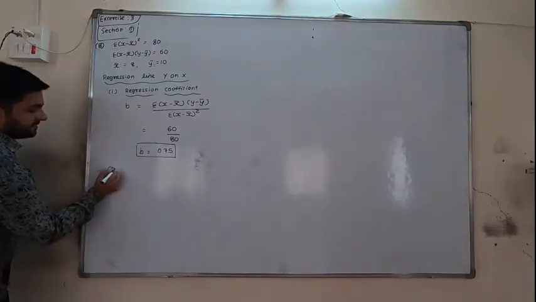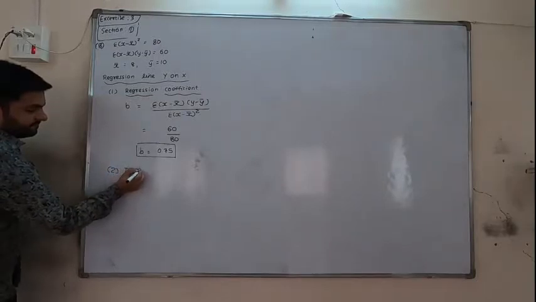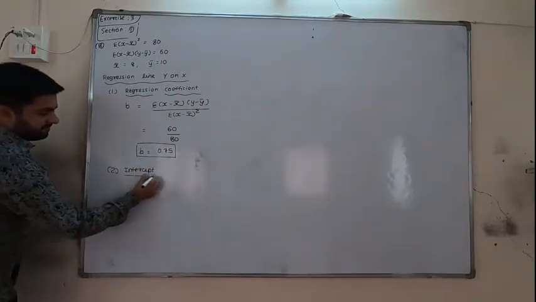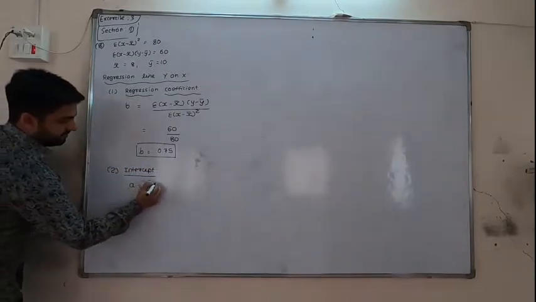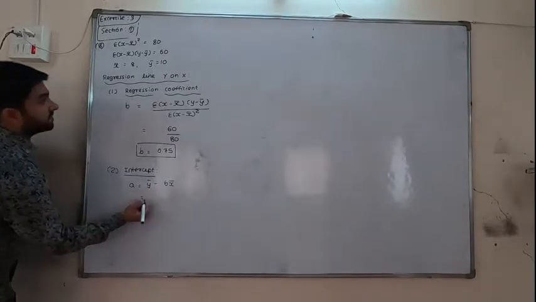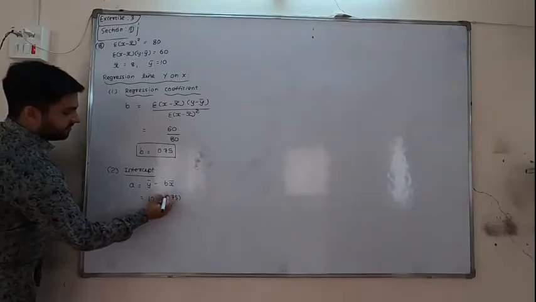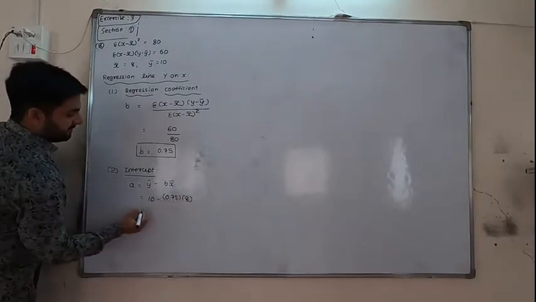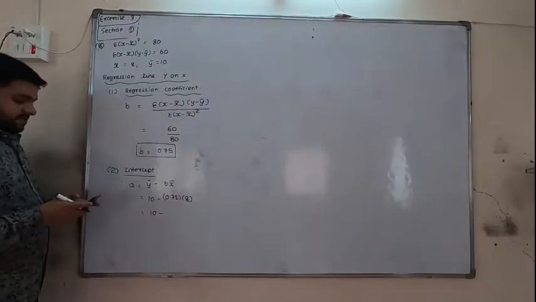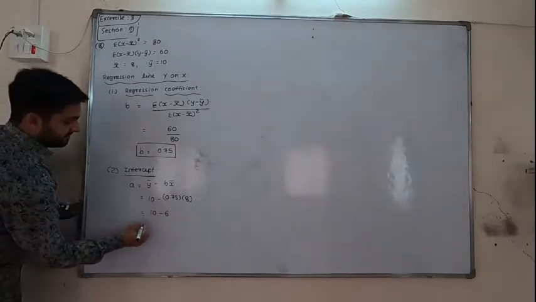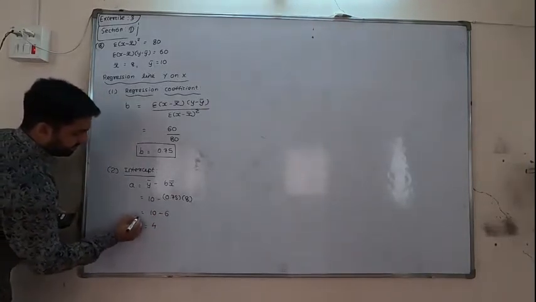Then second step, intercept a is equal to y bar minus b x bar. y bar is 10, b is 0.75 and x bar is 8. So 10 minus 0.75 into 8 is 6, a is 4.